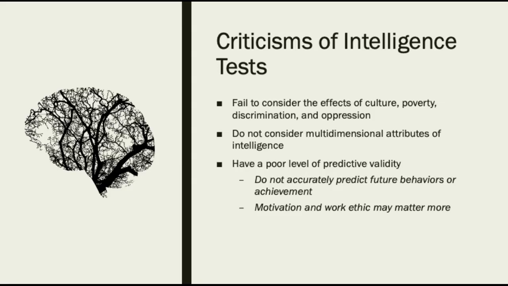So even though intelligence tests have been around for quite a while and still may be widely used, it is very important to consider the multicultural considerations and that oftentimes they're not accurately predicting future ability, future achievement, or future behaviors.